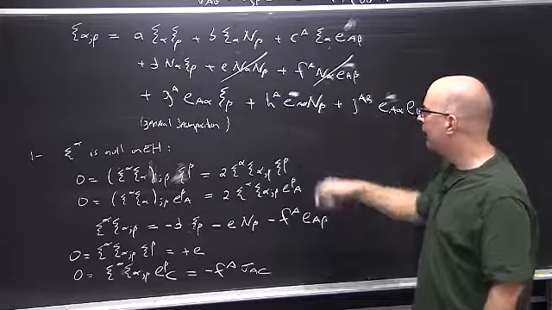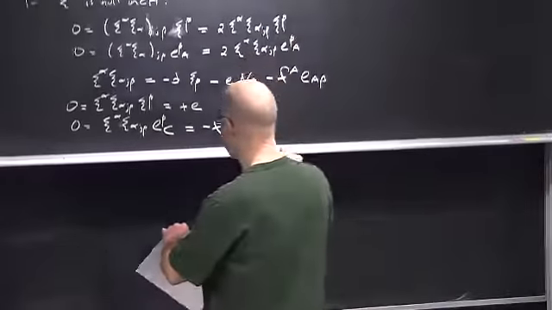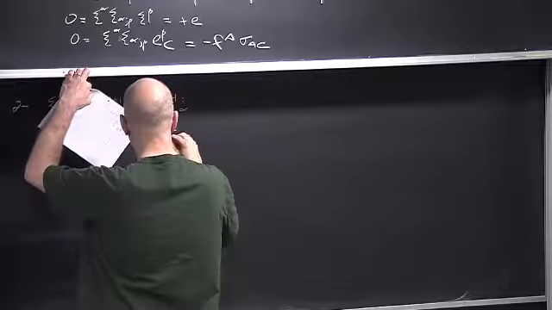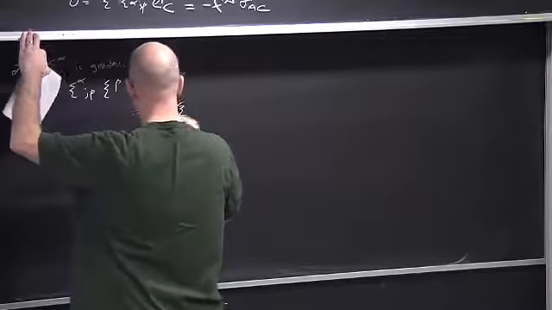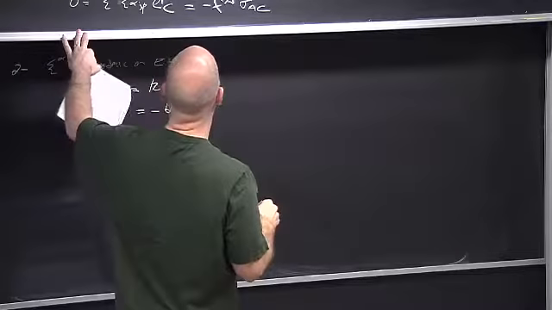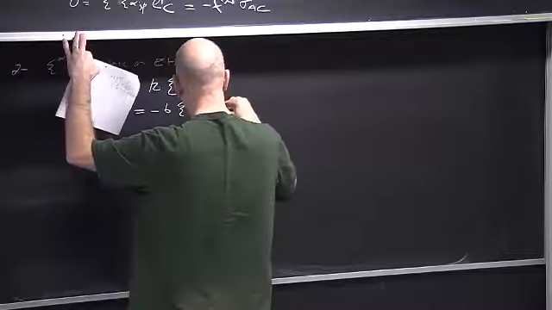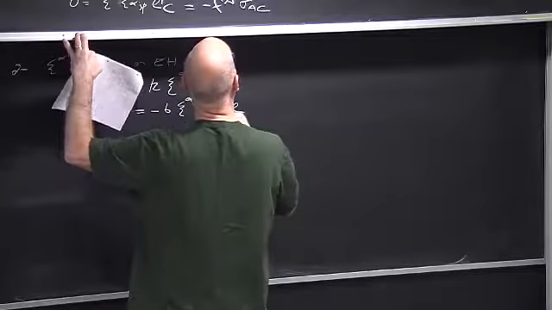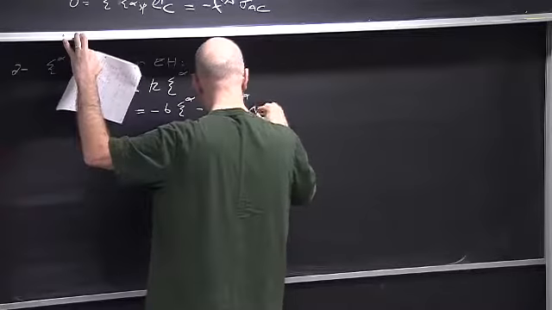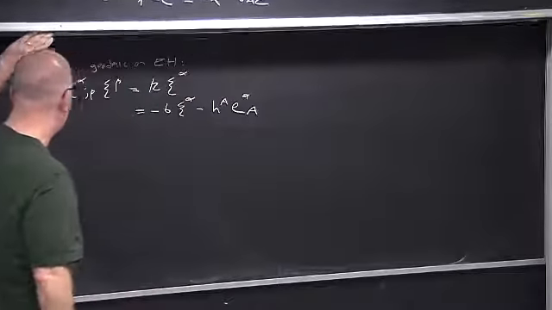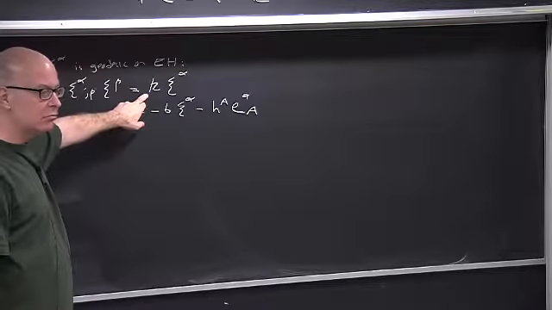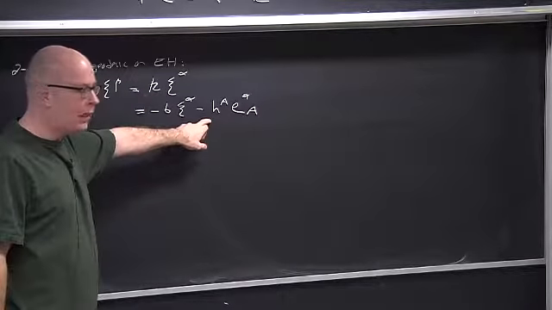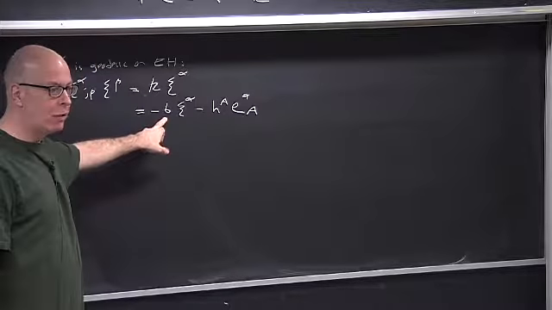So when we do this calculation, we get minus B times C. And we're going to get minus H A times E alpha A. That has to be equal to this. That means that H has to go away, and B is identified now with minus kappa.